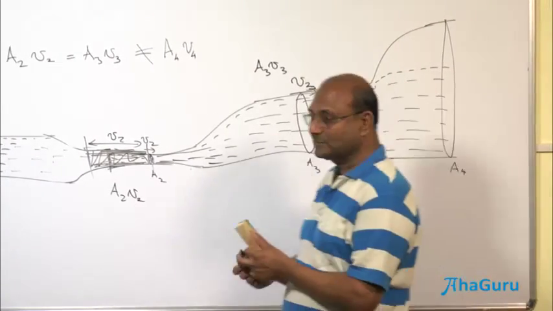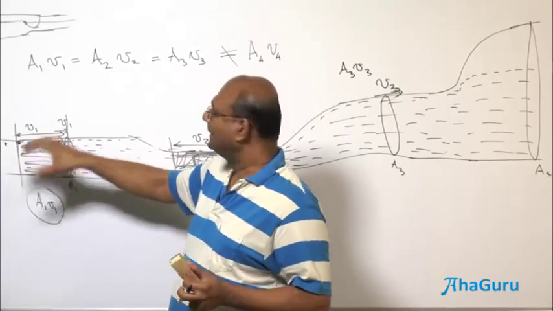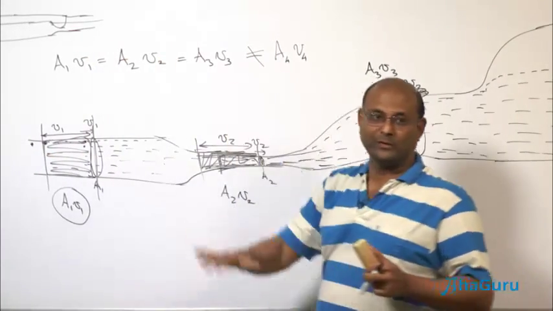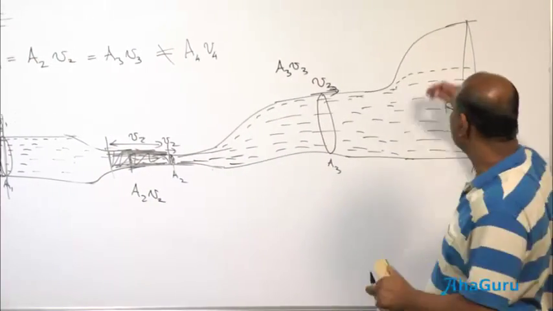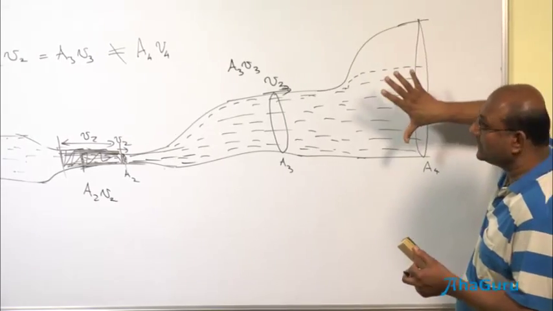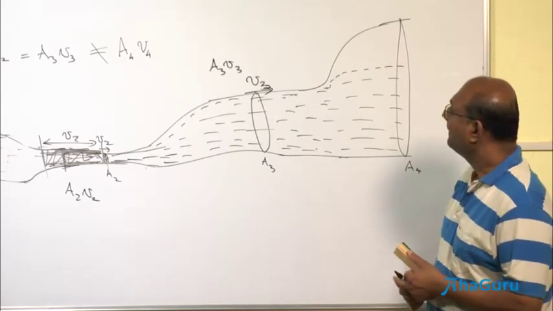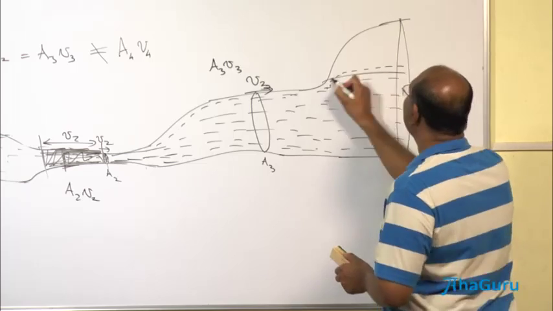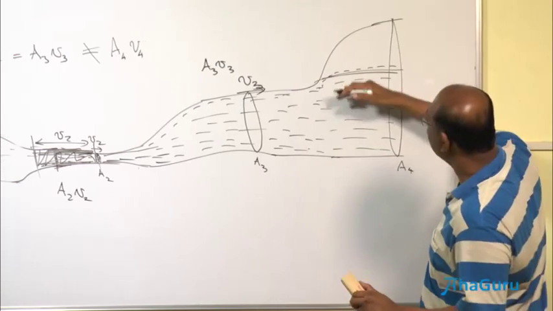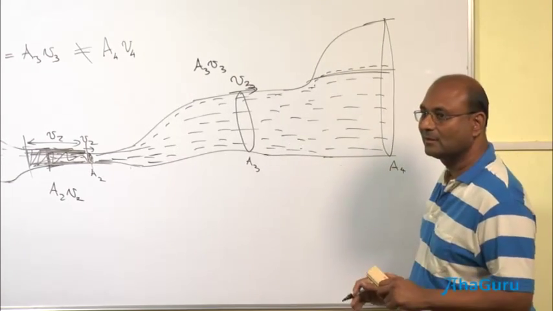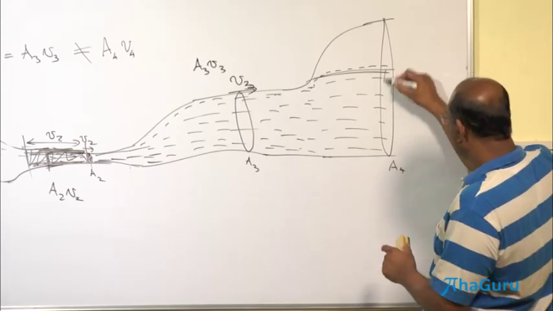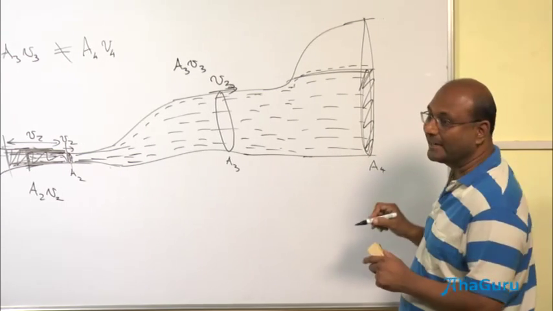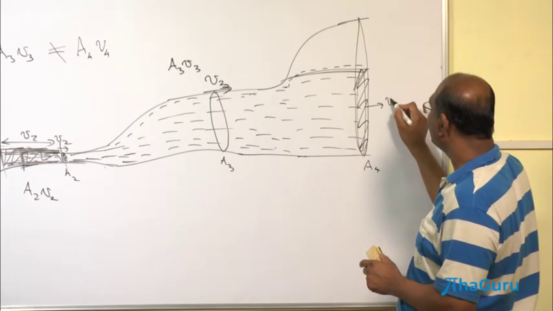If it's completely filled, then clearly A1 V1 must be equal to A2 V2, must be equal to A3 V3, but here it is not fully filled, so it doesn't apply. But suppose I told you it does not rise above this. In fact, it is filled till here and it does not rise. Then it will be equal to this area A4 dash times V4.